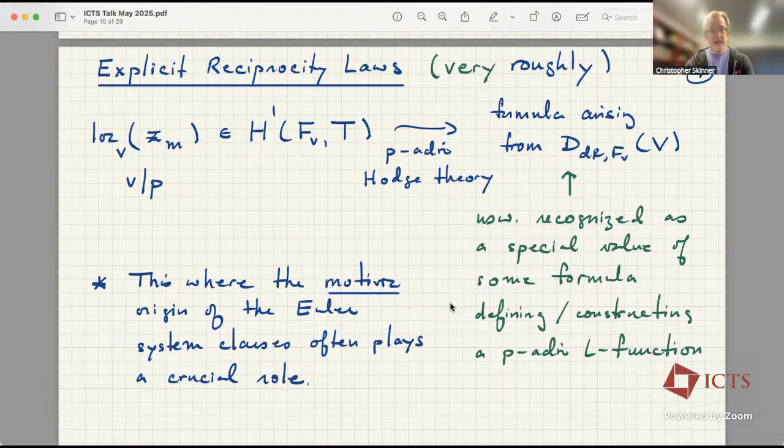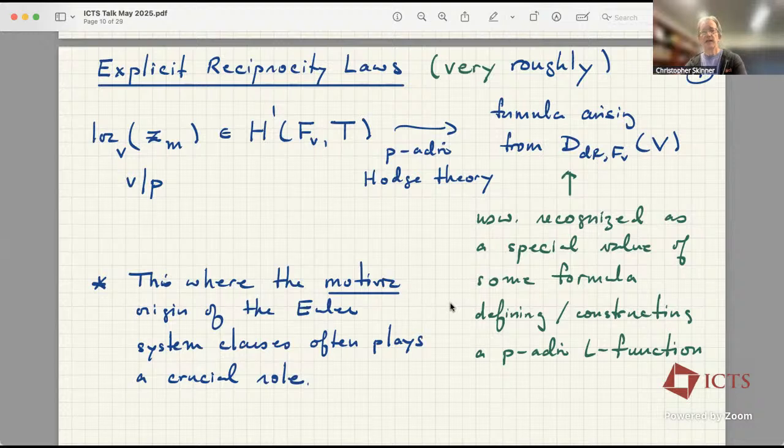So in the situation where these classes z of m have some kind of motivic origin, then that linear algebra data really is connected to the de Rham or Hodge theory of something like a variety or a scheme. And then you can try to use additional information there and de Rham pairings and things like this to understand something about your classes. So this is very rough, and I'll give you an example in a minute, and we'll see another example as we go forward.